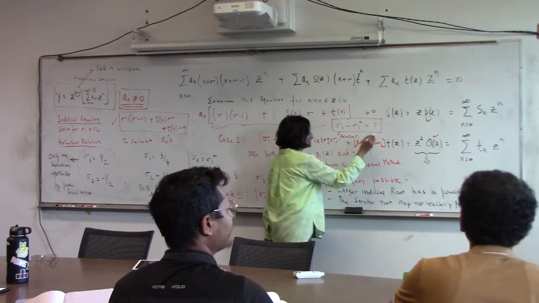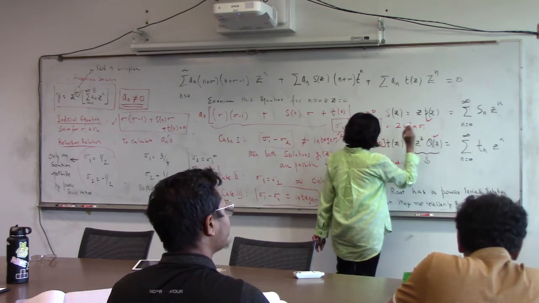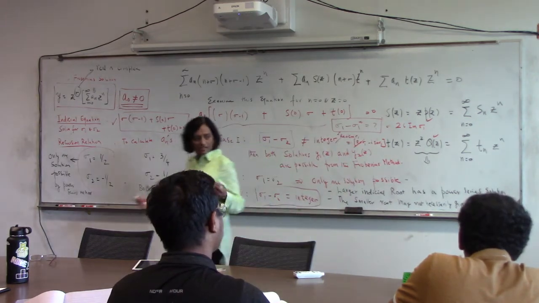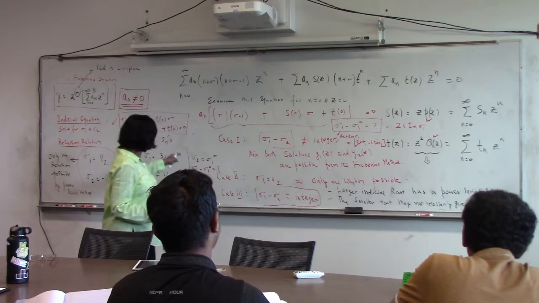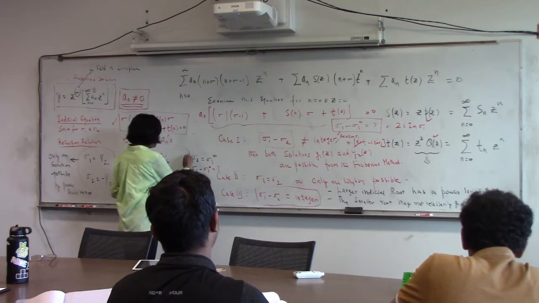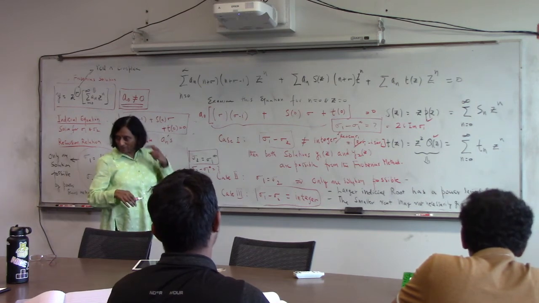This is nothing but 2i times the imaginary part of sigma 1, which is not 0 and not an integer quantity. So both solutions are possible by the Frobenius method.